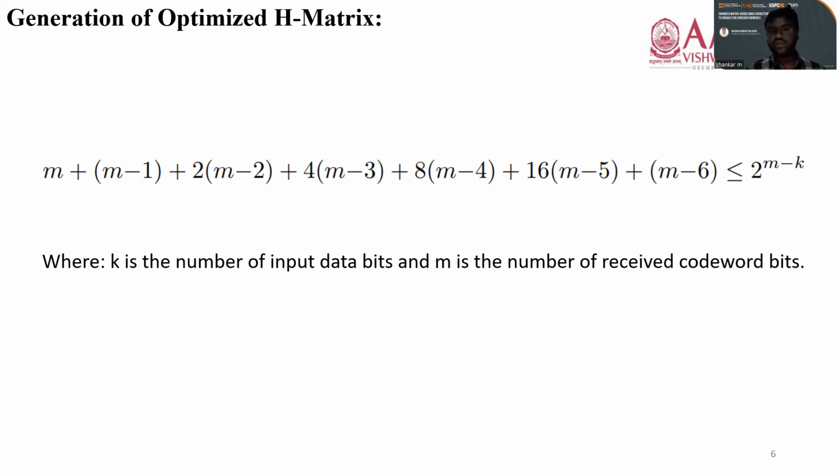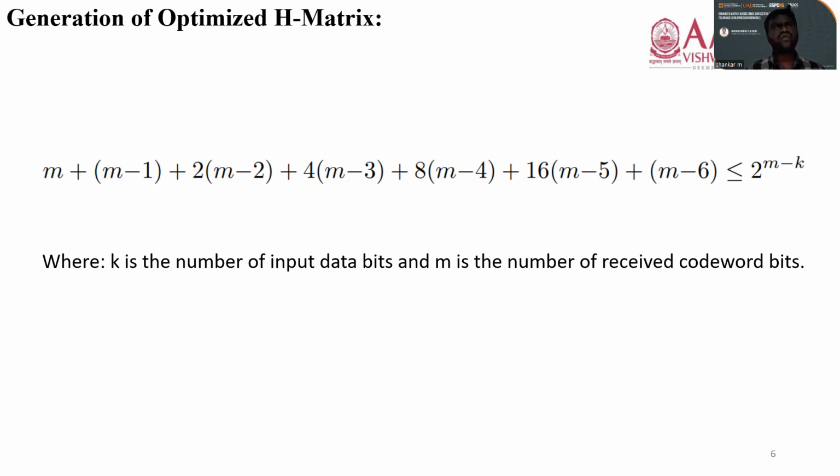In order to generate an H matrix, first we need to find out how many parity bits are needed. For that, we'll use the formula shown on the screen. M denotes the received code vector bits, and K denotes the number of input data bits. In this paper we have discussed 16-bit data, so the value of K is 16 in this equation, and M needs to be found by the hit and trial method.